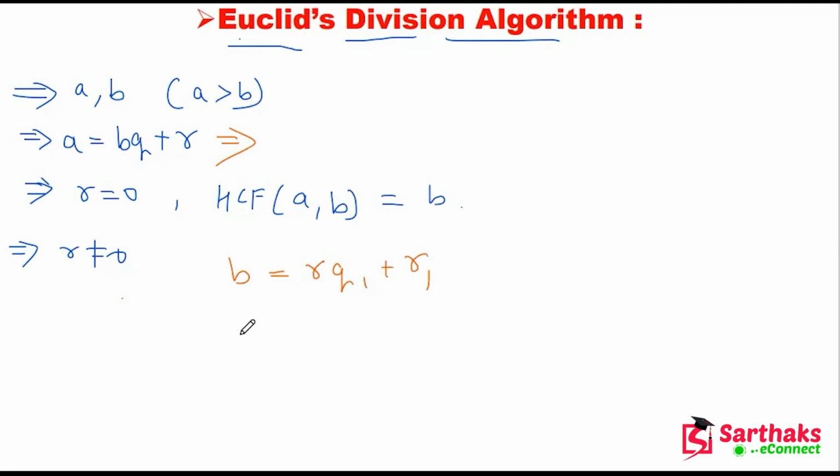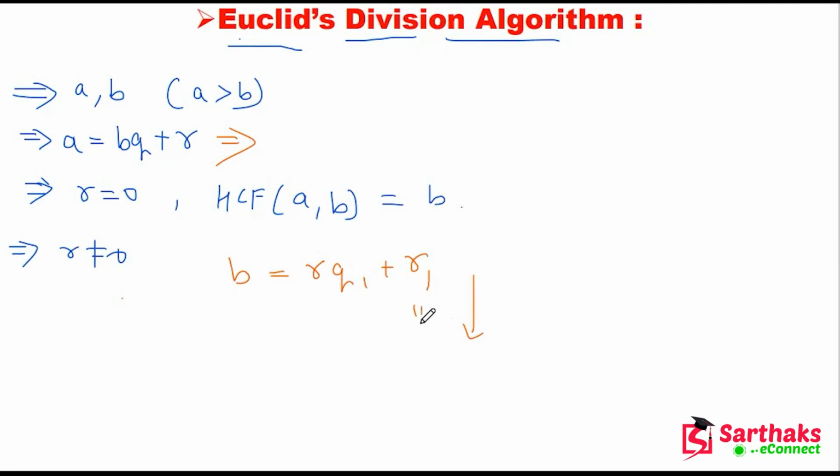Now we repeat these steps again and again until our remainder becomes 0. I hope you got this point. So this is our Euclid's division algorithm.